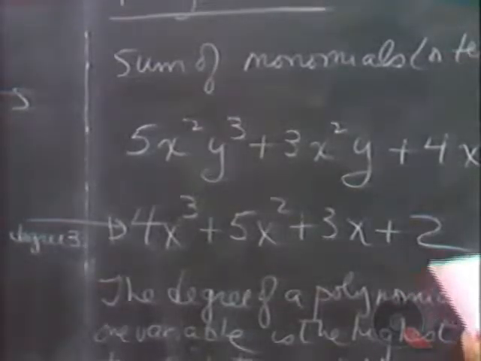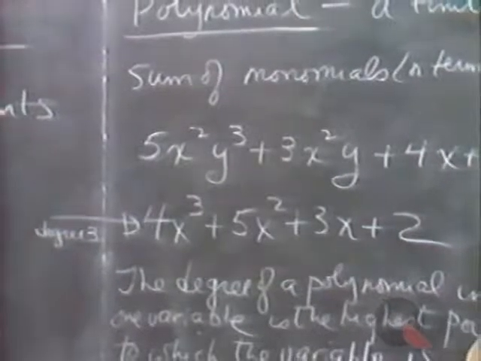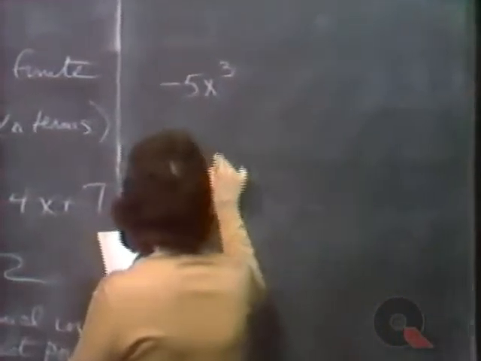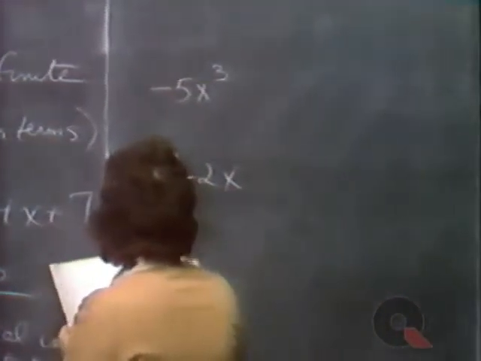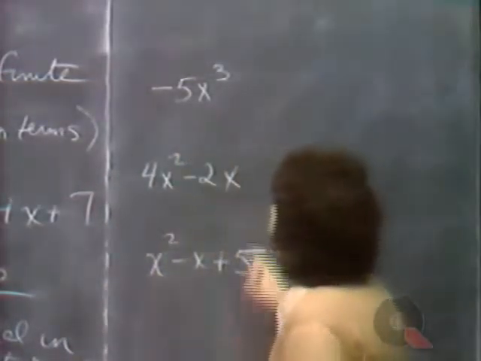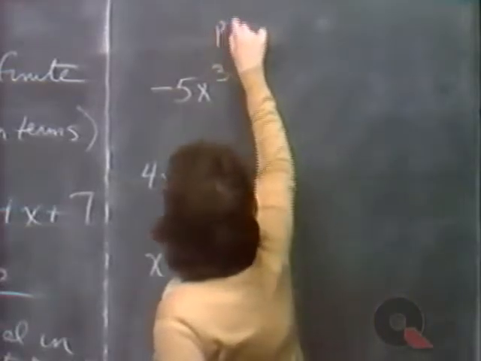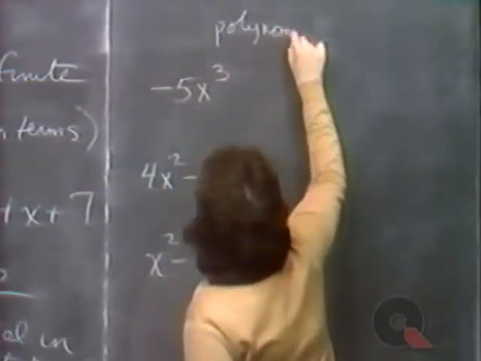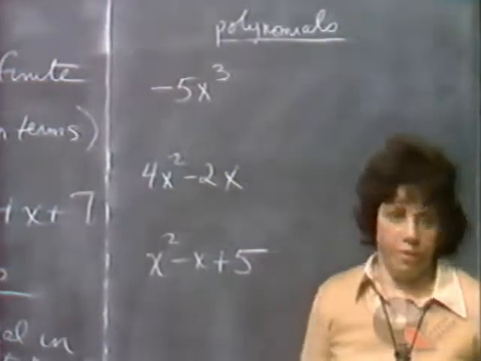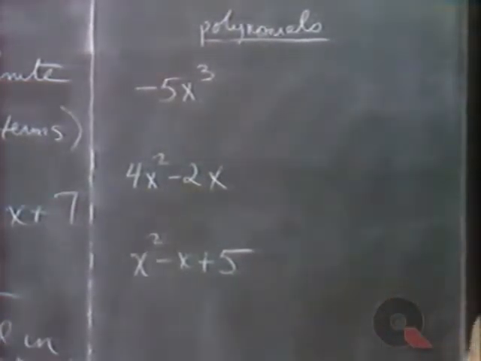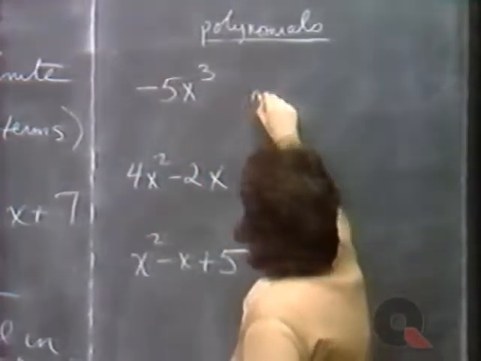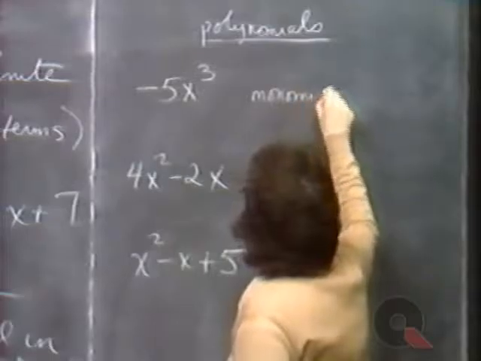Let's look at several polynomials. Minus 5x cubed, 4x squared minus 2x, x squared minus x plus 5. These are all examples of polynomials, and they're all in one variable, the variable x. The first polynomial consists of only one term. Such a polynomial is called a monomial.